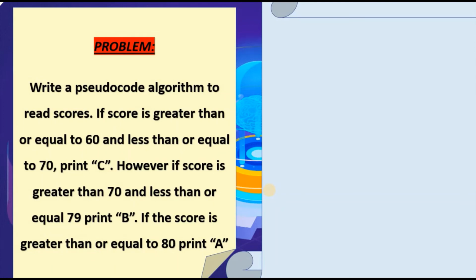All right, so we start off by reading the scores because that is what they ask us to do. And once we have read the score, we're now testing to see what decisions are made. The first part that they give us is that if the score is greater than or equal to 60 and at the same time less than or equal to 70, then we would print the letter C. So again, we're going to be removing the excess wording and replacing those with symbols or mathematical operators.